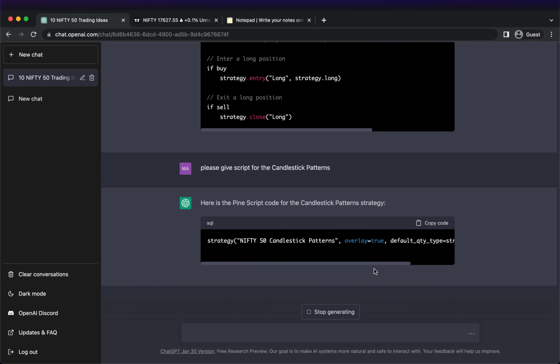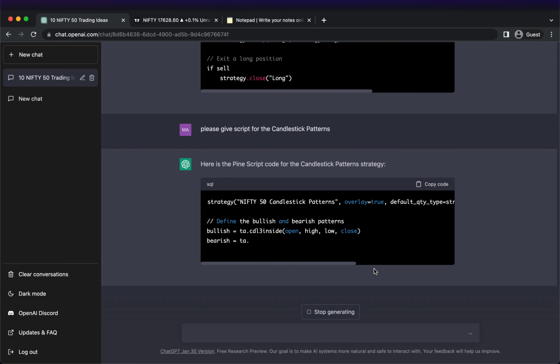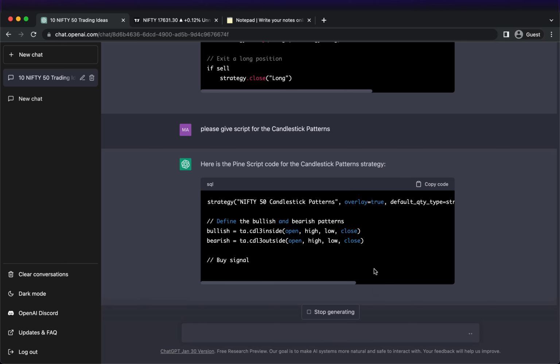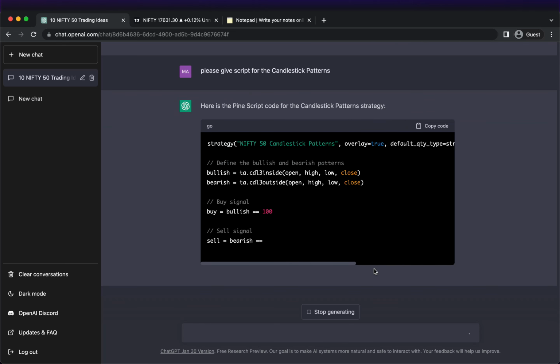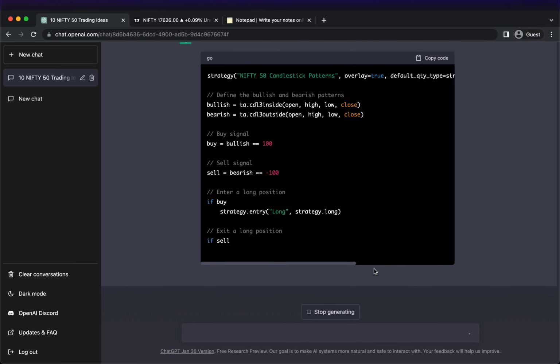And then we can customize the candlestick patterns to different ones, and we can compare which of those work better. But that's for testing purposes. We'll see whether it's working or not at all, and whether there is any reason for us to spend our time. And you see, again, it's using ta.cdl3 white soldiers. Yeah, that's a Python library.